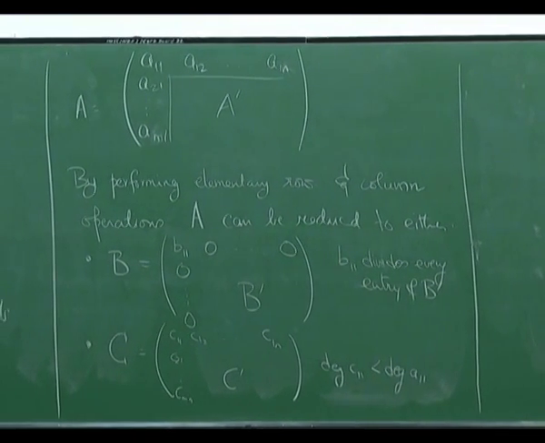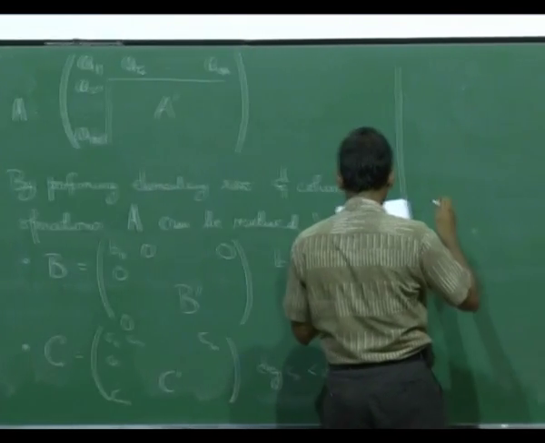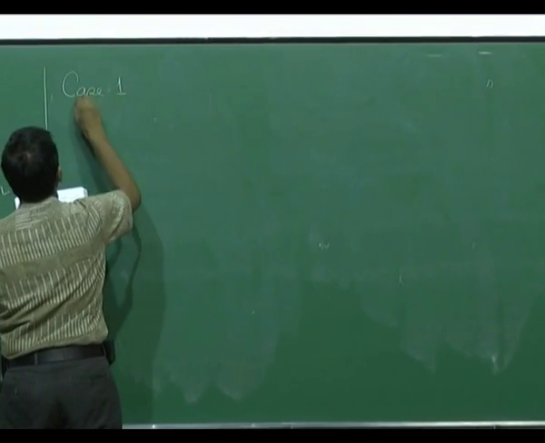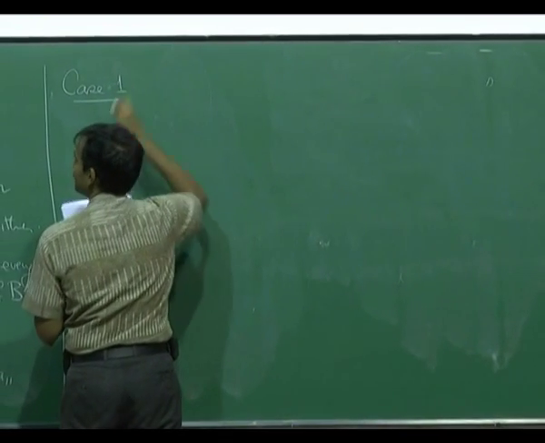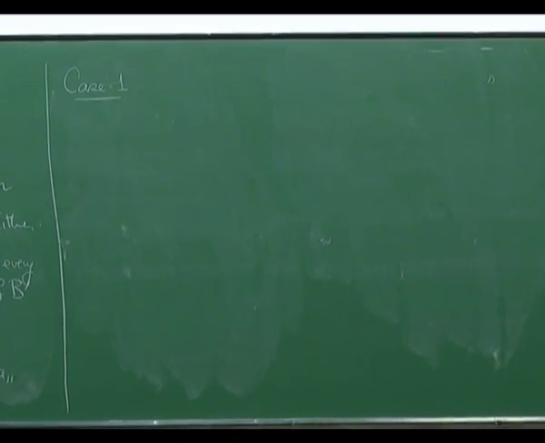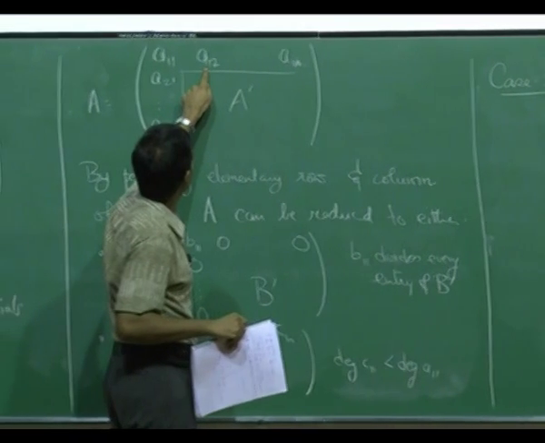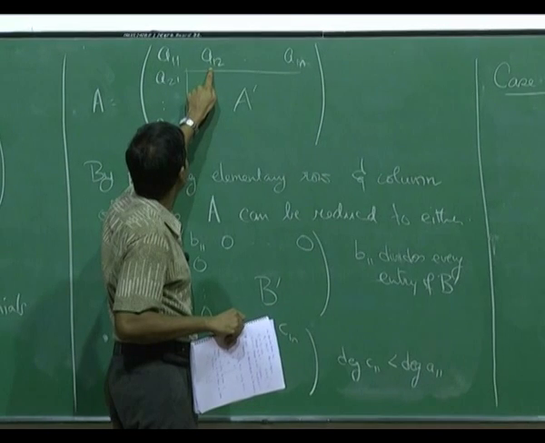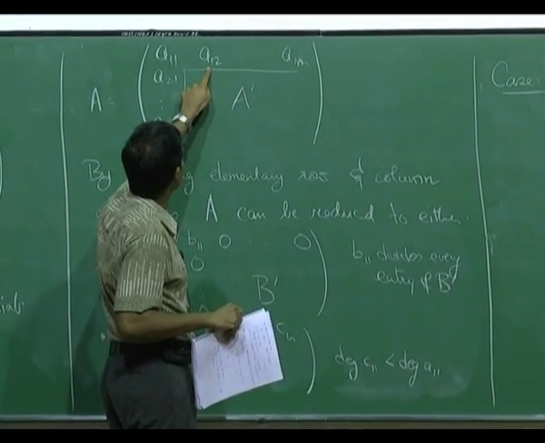So case 1 is that suppose A11 does not divide one of these elements. Okay, this is a bit like saying that A11 is 0 in the previous algorithm.